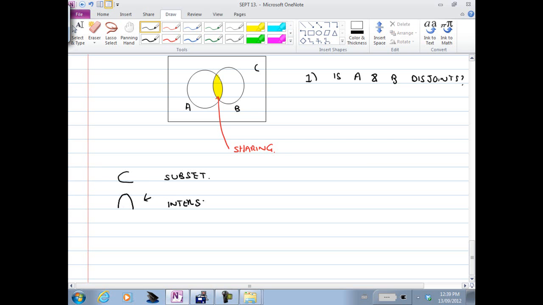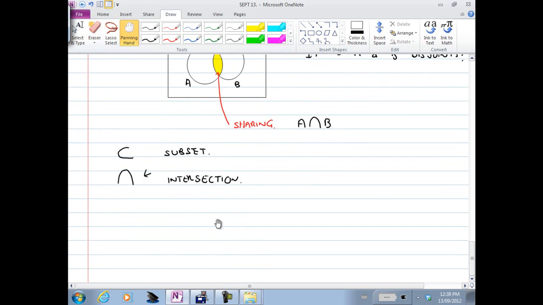When you see the upside down U, it means intersection. So instead of saying A and B share, I can write A intersects with B. Everything in there is now considered A intersect B.